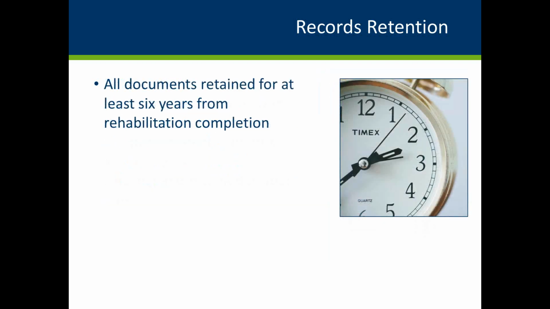You must retain any and all documents, including compliance with Minnesota Housing Program guidelines, for a period of at least 6 years from rehabilitation completion, including but not limited to the following: records for all rehabilitation improvements, including the scope of work, bids, lien waivers, fees, and completion certificates, a copy of the borrower application and written verification of income, as well as verification of the current property ownership. Also, documentation of the emergency or accessibility need to be addressed.